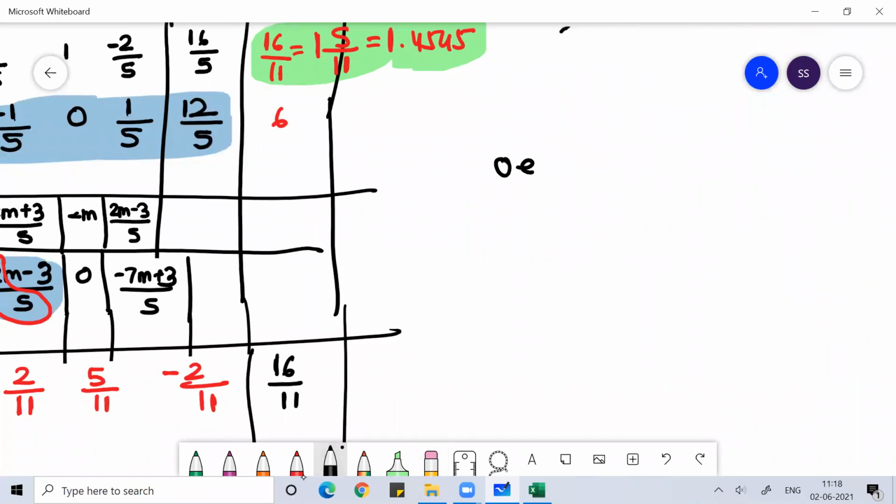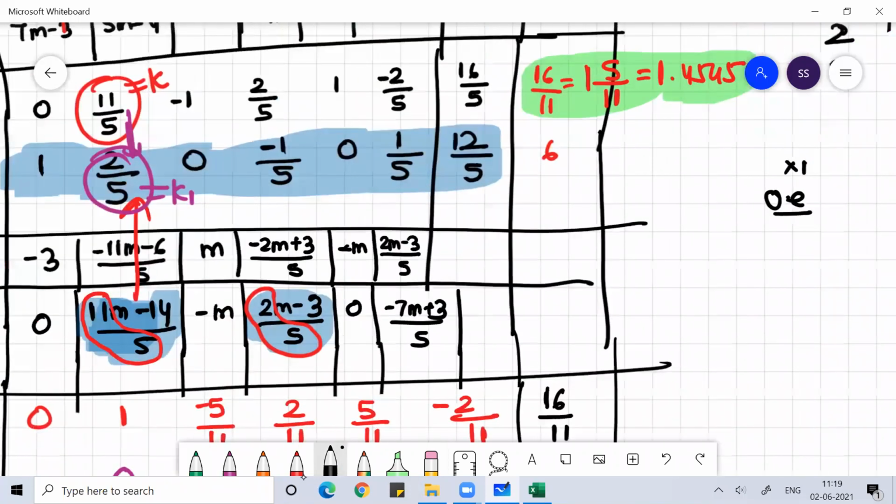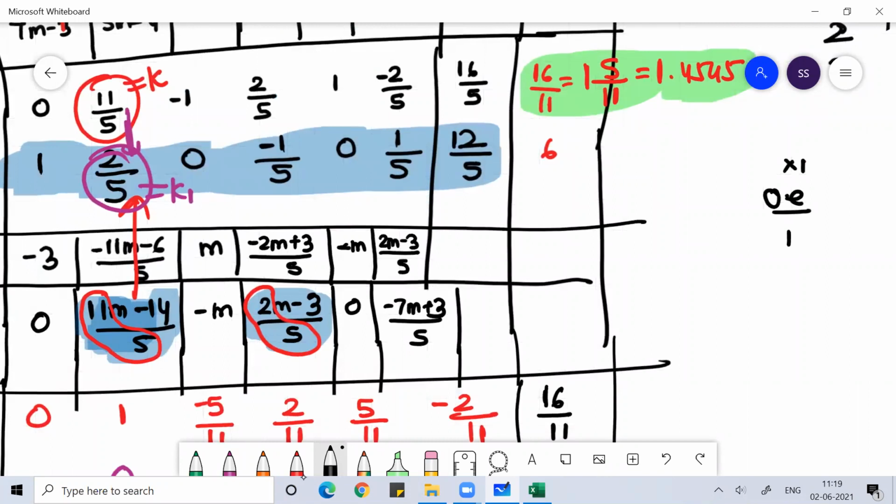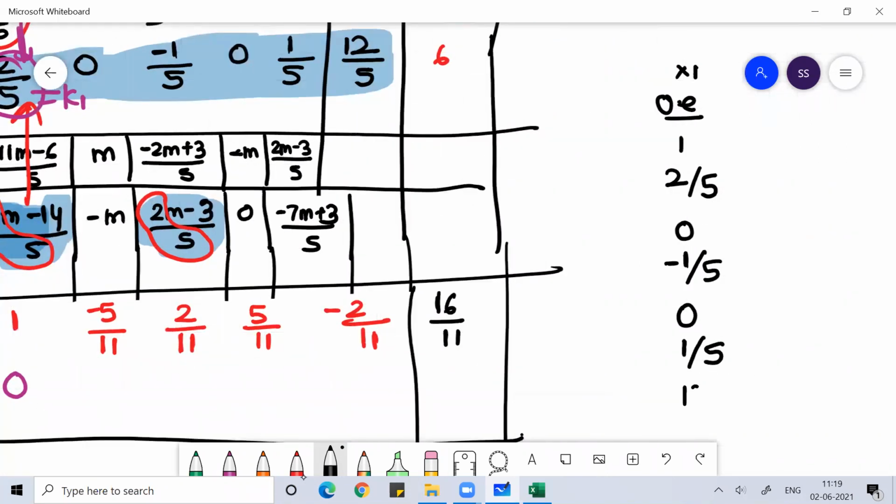What is the old element of x1? The old elements are 1, 2 by 5, 0, minus 1 by 5, 0, 1 by 5, 12 by 5.